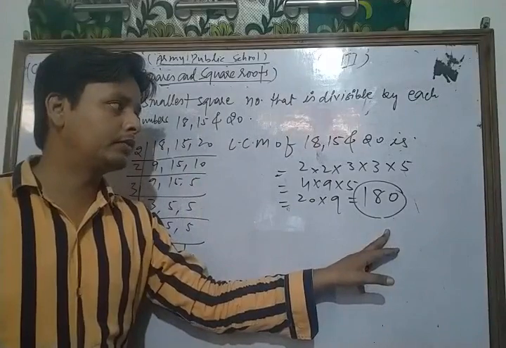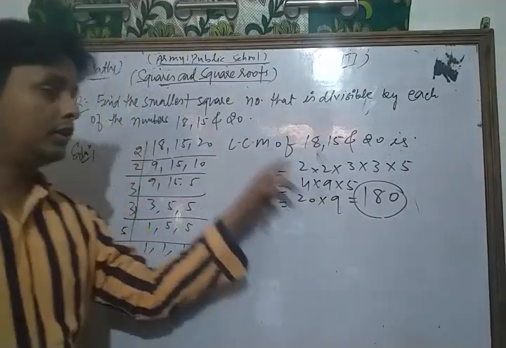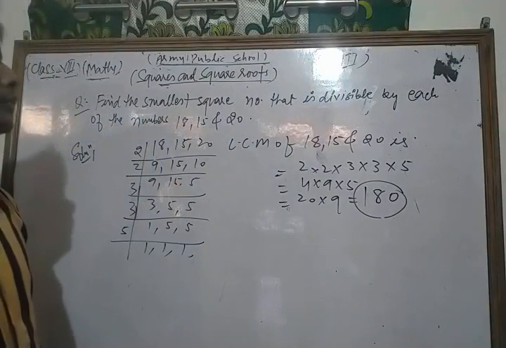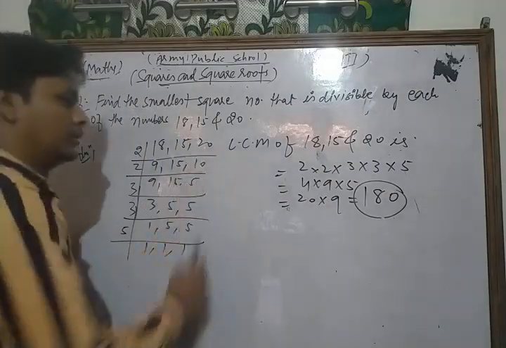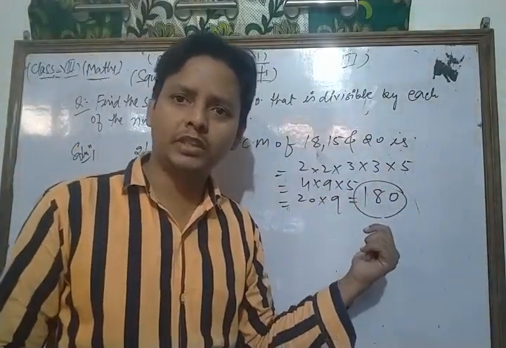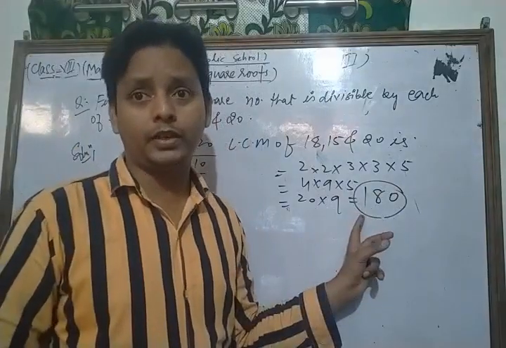No, it is not a perfect square. And we find the smallest square number that is divisible by each of the numbers. So that number is also divisible by each of the given numbers, because it is the LCM of the given numbers, but it is not a perfect square.